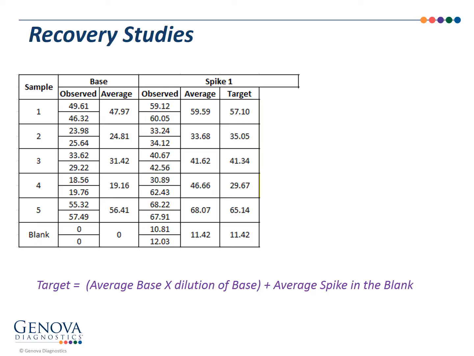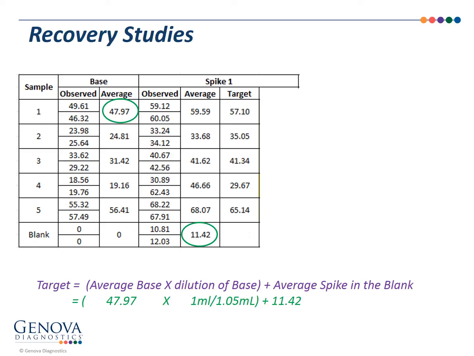In the sample 1 example, it's 47.97. Our dilution is 1 milliliter of the base out of a total volume of 1.05 milliliters, because of the 50 microliters. That accounts for our dilution, plus the 11.42 that came from our blank. We don't have to account for the dilution in our blank because we spiked that water or that Serosub in the same way that we spiked the patient.